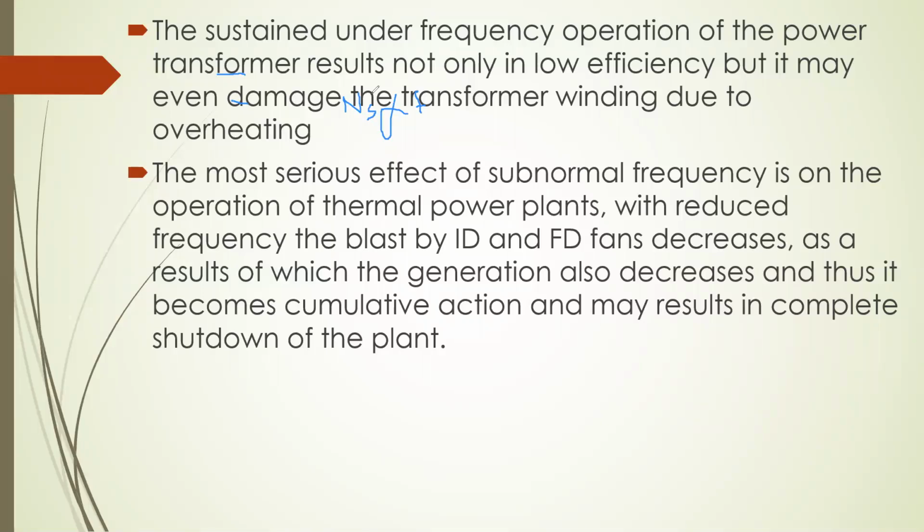Whenever power is transferred with an increased or decreased frequency, heat will be generated, right? So the power will be wasted as heat loss, and the efficiency of the transmission line will get reduced. This is the first disadvantage.